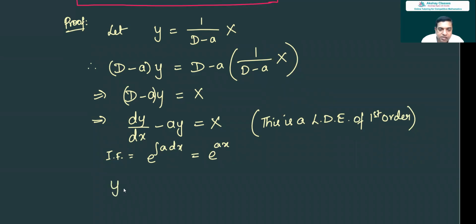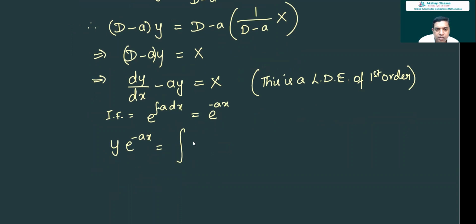So the solution here: y times the integrating factor is equal to the integral of x times the integrating factor dx plus c.